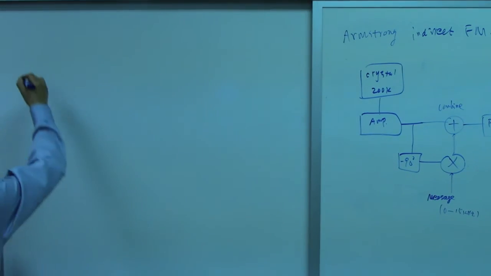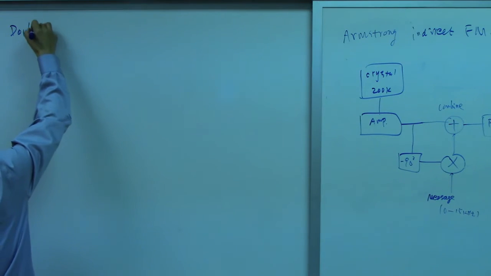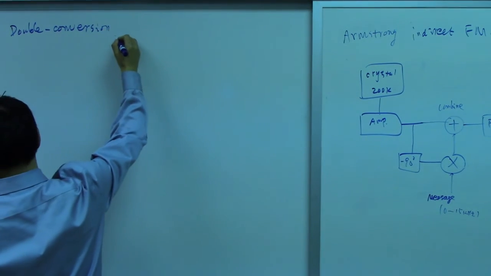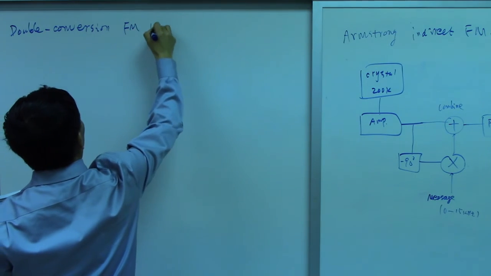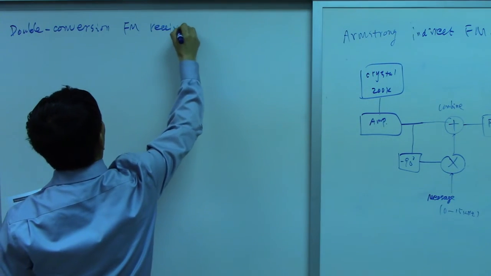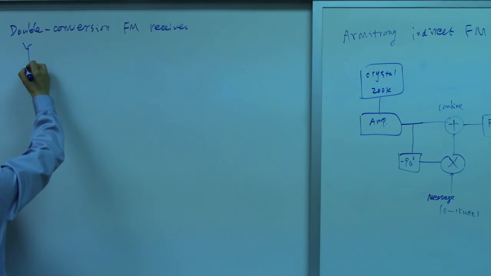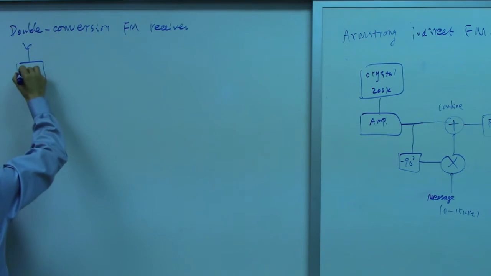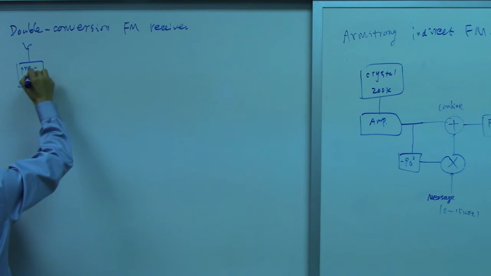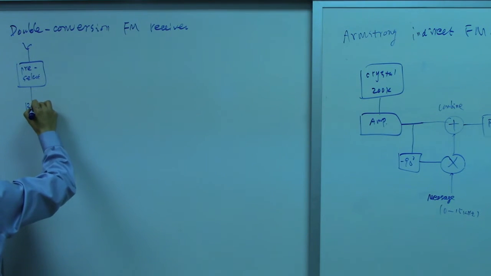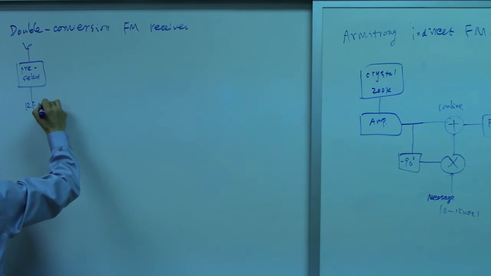Next one, last one is called double conversion FM receiver, and we have an antenna here, and we have pre-select, and we have RF amplifier.